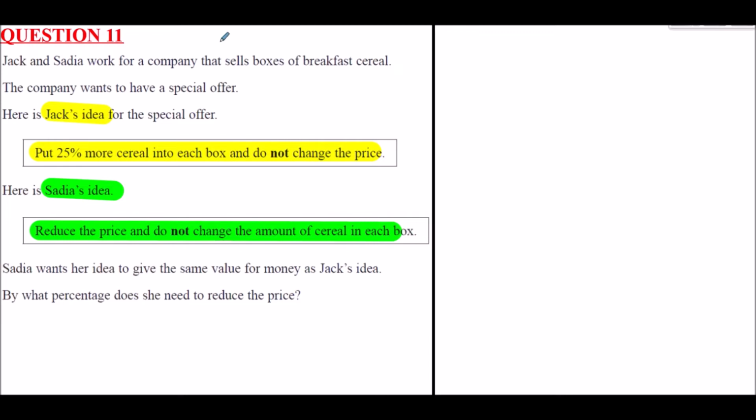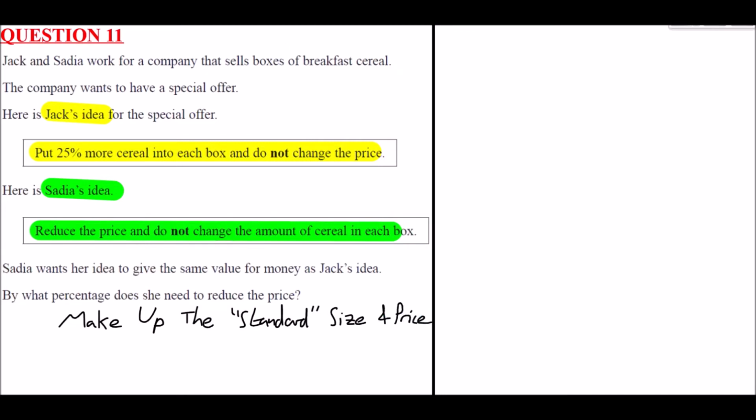So what I'm suggesting we do here is to make up the standard size and price. Then we've just got something tangible to work with.